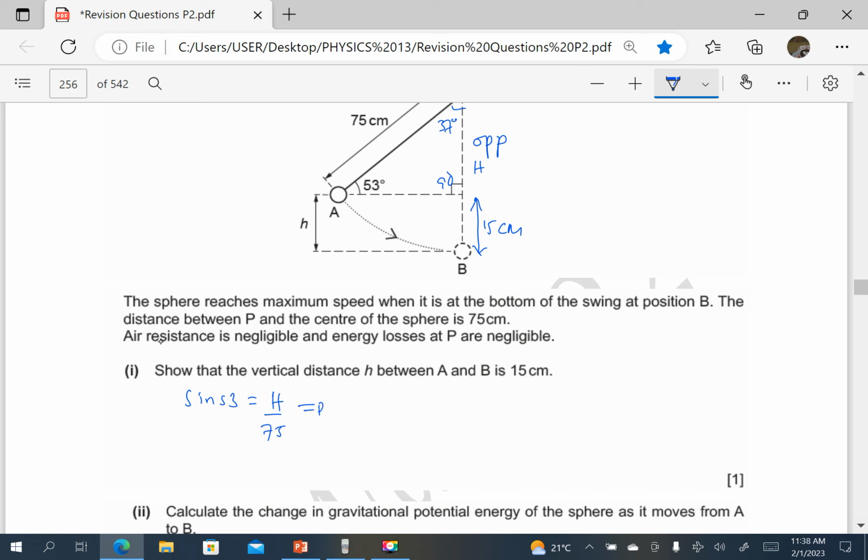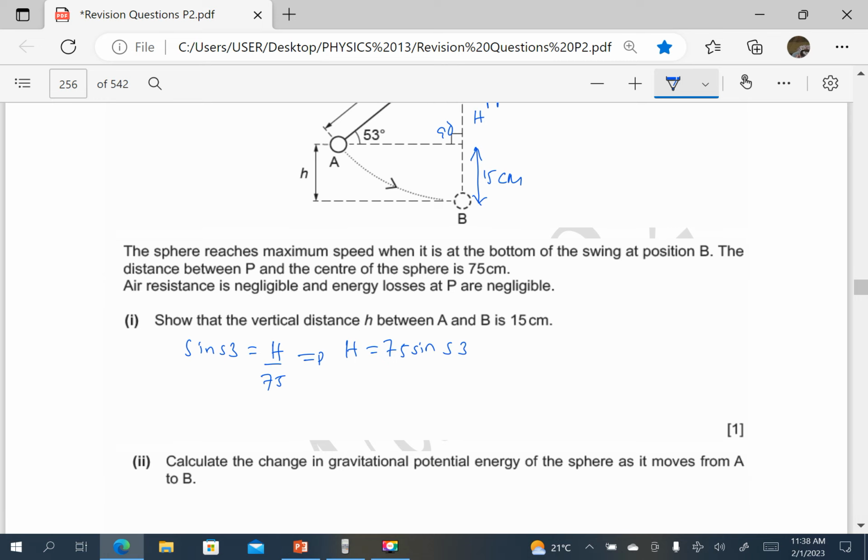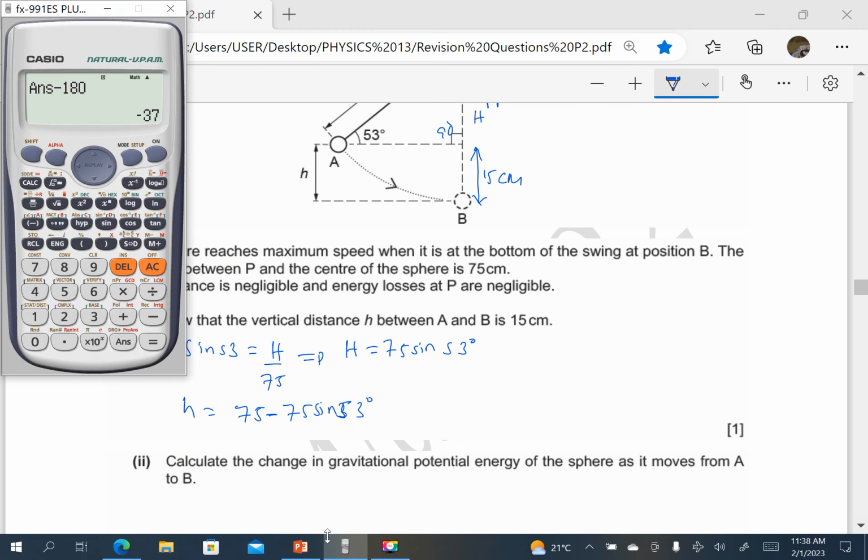So this means capital H is equal to 75 sine of 53. So small h is going to be the total length, which is 75, minus capital H, which is 75 sine 53. So we have 75 minus 75 sine of 53.